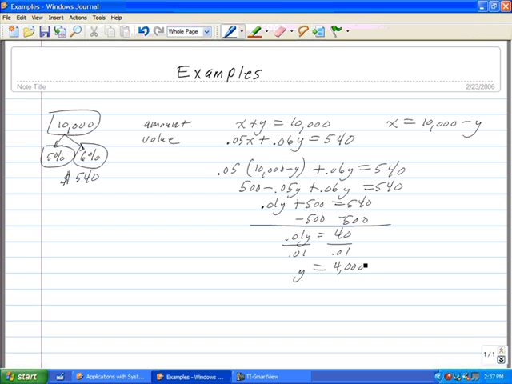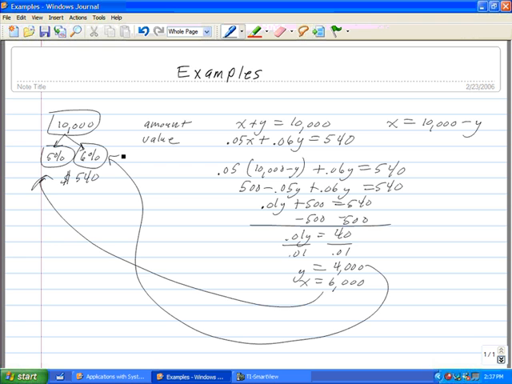That means the money was split 4,000 and 6,000: 6,000 in at 5%, and the 4,000 in at the 6%. So the mixture problems and money problems actually become just a little bit easier if you're allowed to use two equations and two variables.